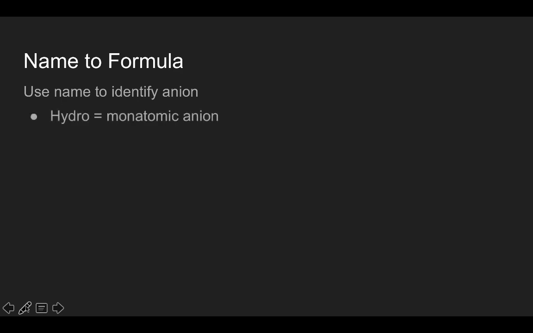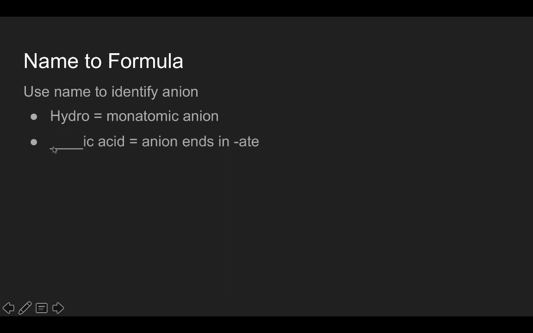Okay, now going from name to formula. Again, we work with the anion. We use the name to identify what the anion is. If it has hydro in it, then it was a monoatomic anion.